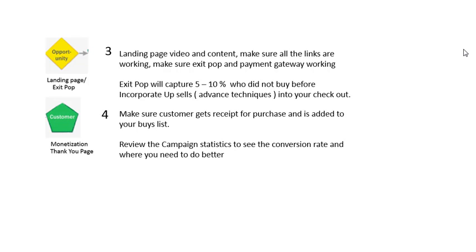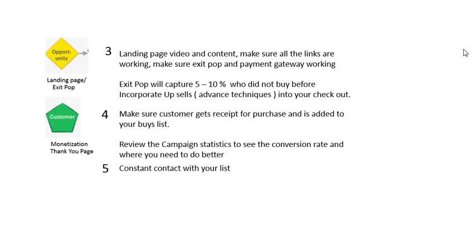It's a lot easier to sell something else to somebody who has already bought from you. Then you need to review the campaign statistics to see the conversion rate and where you need to do better. You're missing the whole point if you don't do this. You need to analyze the numbers.